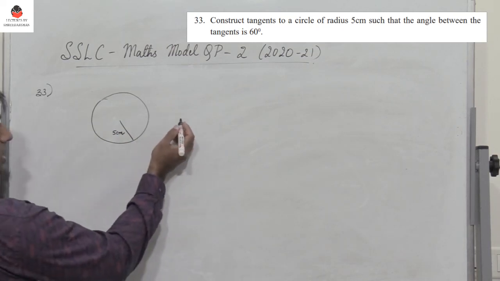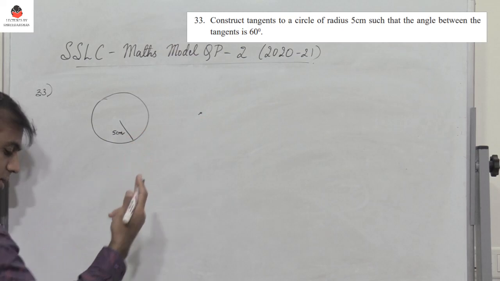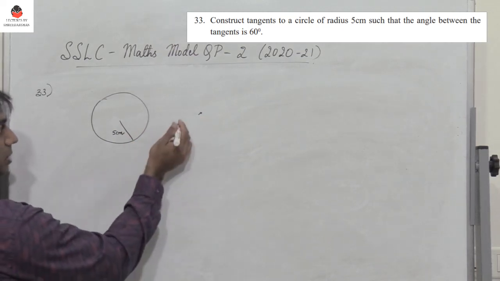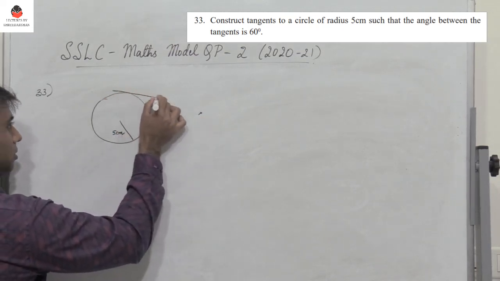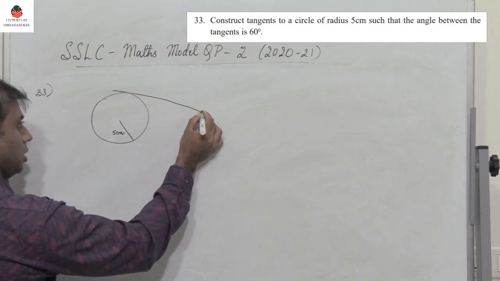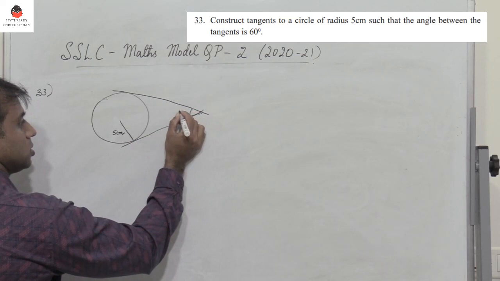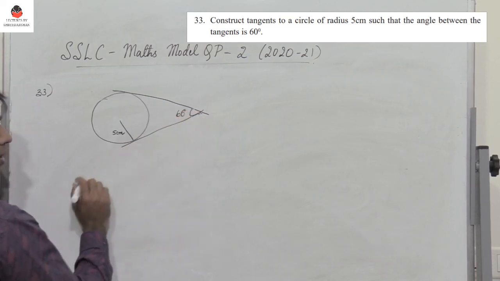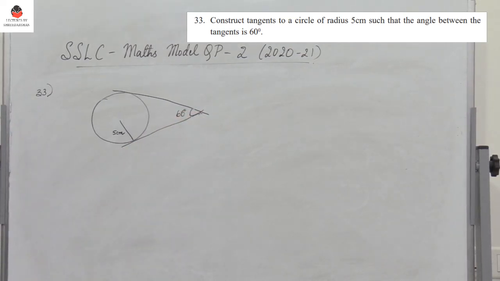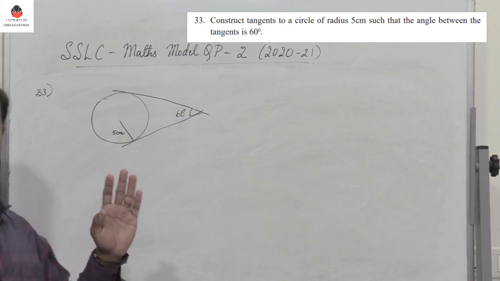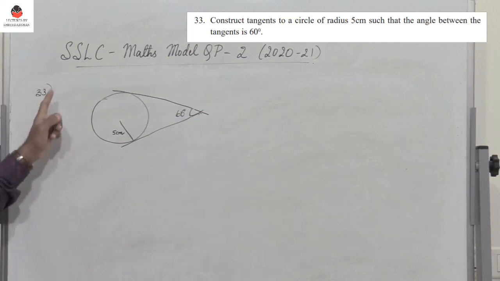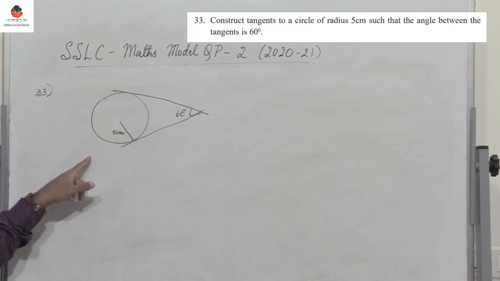Tangents meaning it is not 1, so basically 2, such that the angle between them is 60 degrees. Let me assume that I have a tangent from this point, another tangent from this point. So how do you do the construction? I'll just initiate, and make sure that you draw the construction using the required geometry tools.